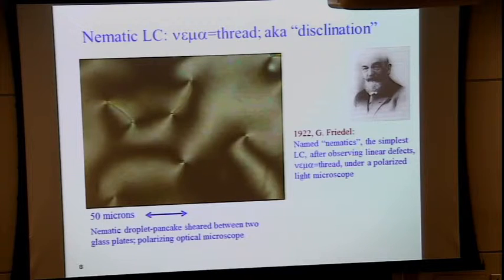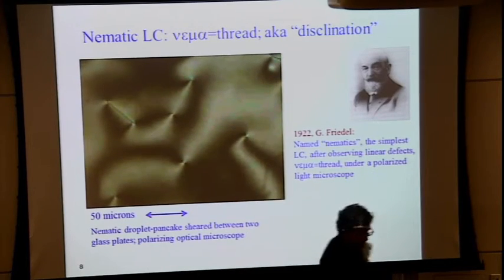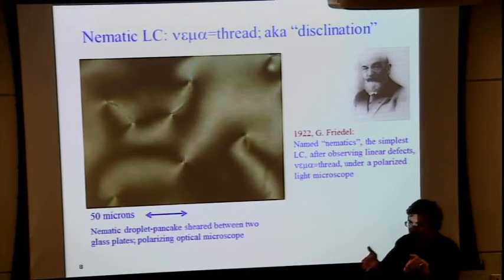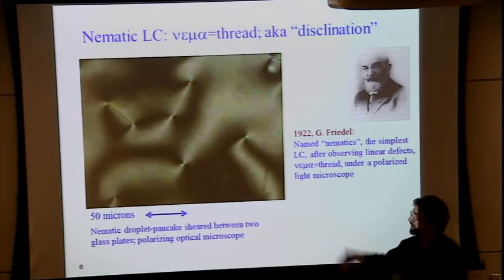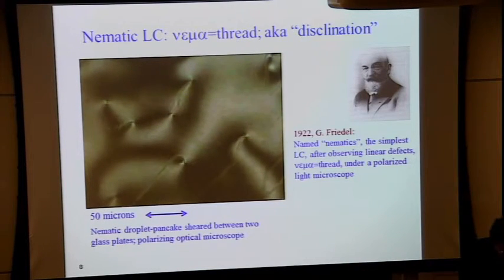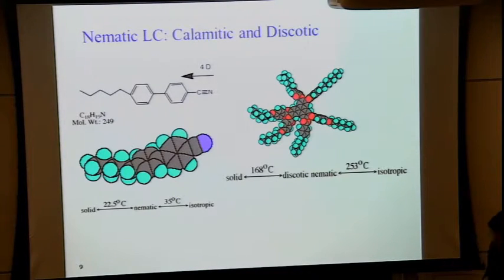First, I see some change into something fluid, but it shows brilliant colors, and then it goes into something that shows no colors at all and looks like water. So people were intrigued by the melting processes, and Friedel was trying to understand what lies between the crystalline state and the isotropic state. He saw that, and he decided that this is a new type of material.